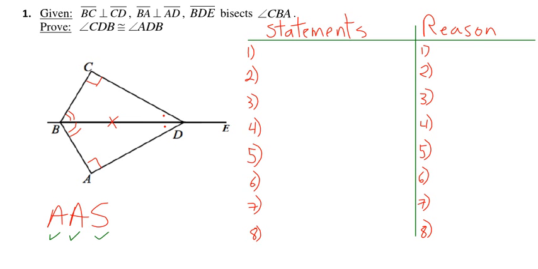So I have that BC is perpendicular to CD and BA is perpendicular to AD. And we can put these two givens together because we get the same result, that you have right angles, and so you're going to have the same reason to justify, so you can put that together. So this would be given.